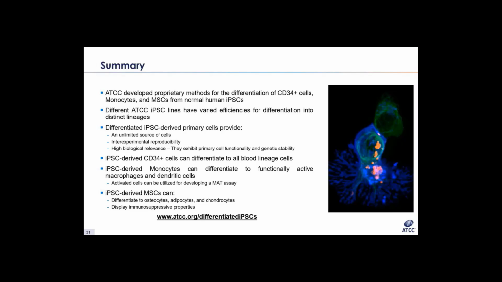So early passage iPSC differentiated mesenchymal stem cells are going to be better at differentiating than late passage MSCs. So you want to go through passage 1 or passage 2 post-thaw if you can. That's going to be much better than passage 4, passage 5, right?